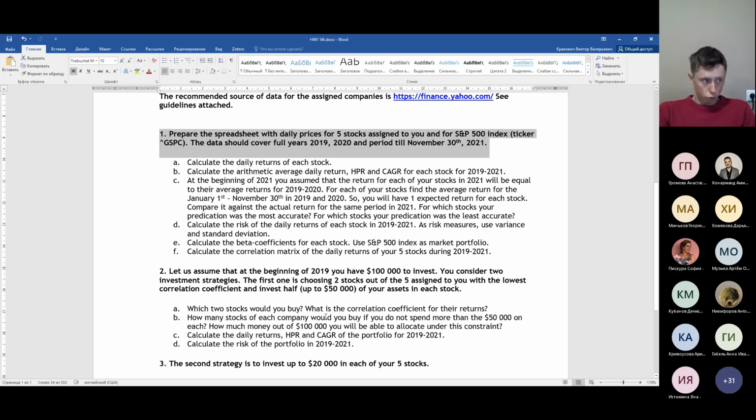You should just apply them to the real numbers derived from the stock exchange. If you want, you can ask questions on the materials we had today on the lecture. Also, you can ask questions on the organizing of the homework.